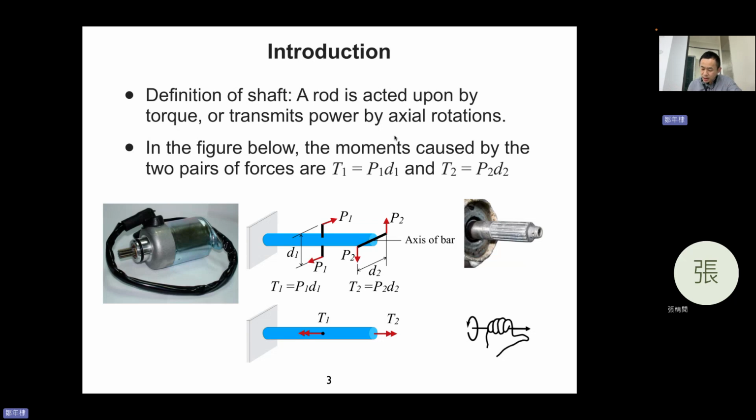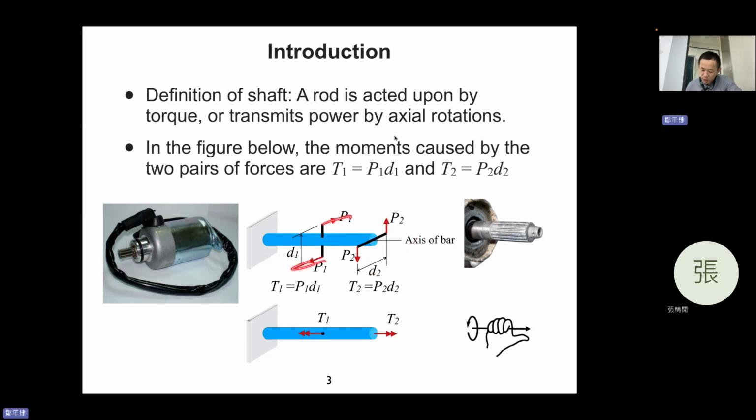So you can imagine a bar with a force couple. The force couple, or you can say a moment, because the moment is actually a force with a force arm. And you can imagine that if you have a bar and you have P2 with D2, you can have a rotation like this, or we can say torsion.